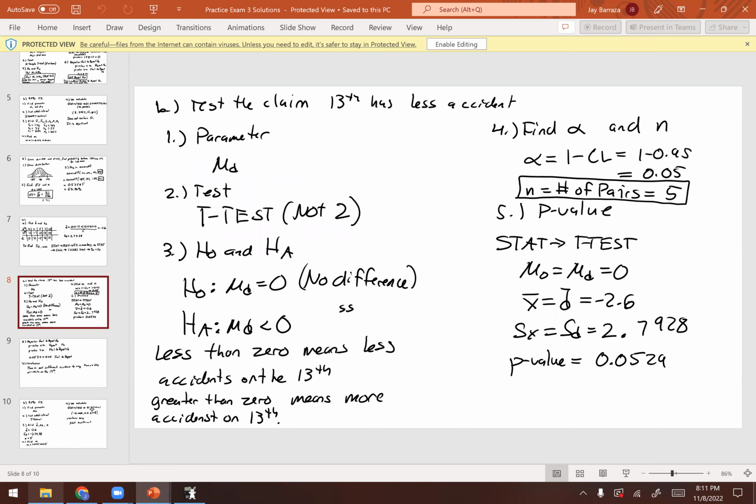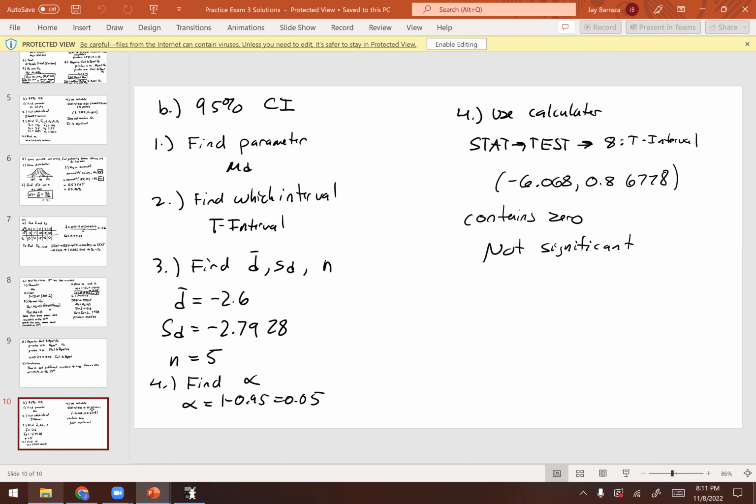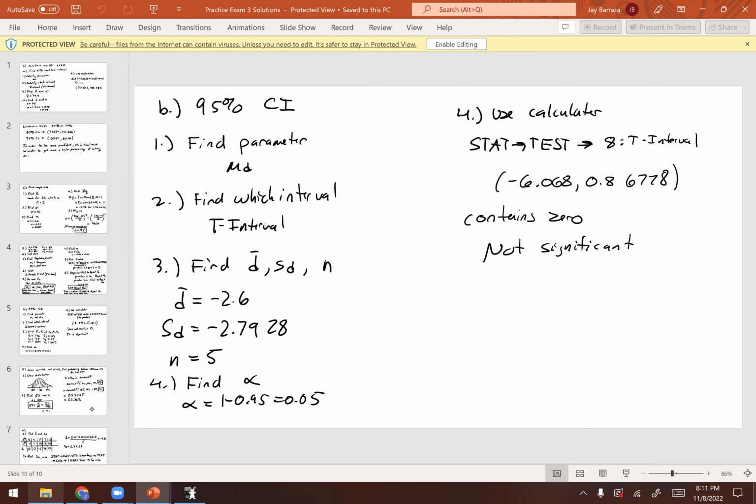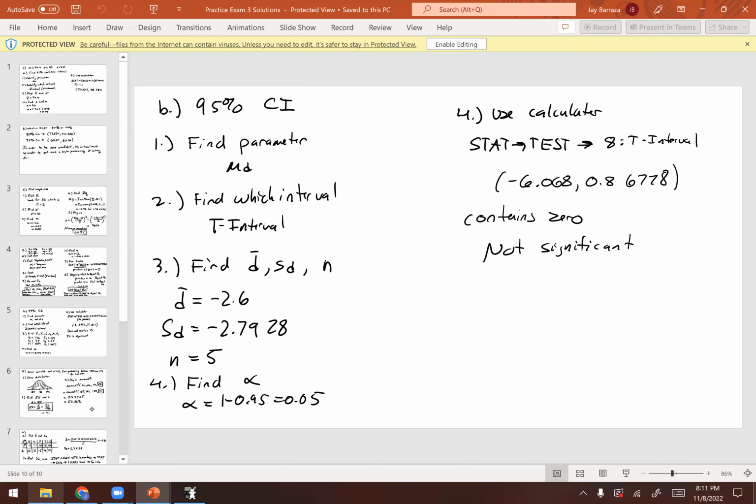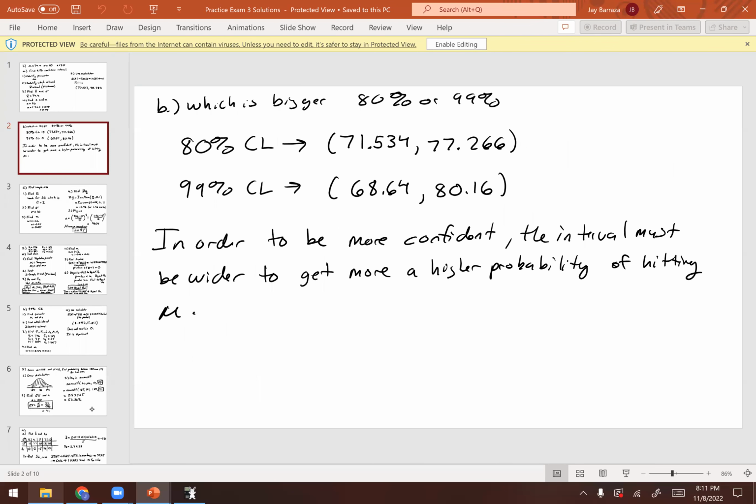I even explain little things, like less than 0 means less accidents on the 13th, greater than 0 means more accidents on the 13th, right? So just definitely look over this. And for a confidence interval, I go over in detail which one to use. So I would definitely review that before tomorrow.